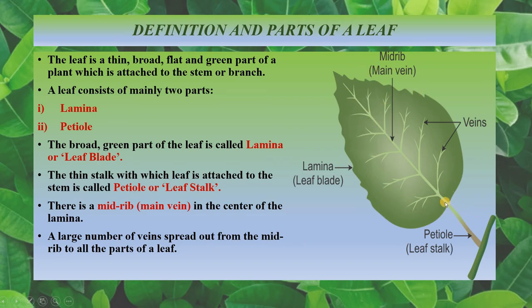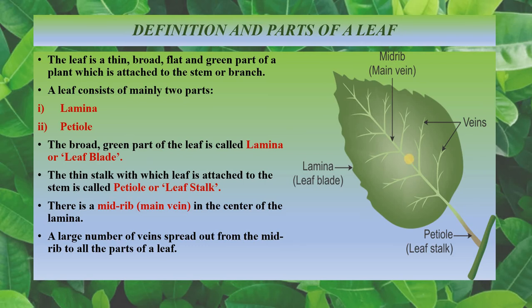From the center of the leaf, a line goes straight. That one is known as the mid-rib or the main vein. From this mid-rib, a large number of small ribs come out and spread to all parts of the leaf. This entire system is known as the venation of a leaf. I'll come to the venation of a leaf later on.